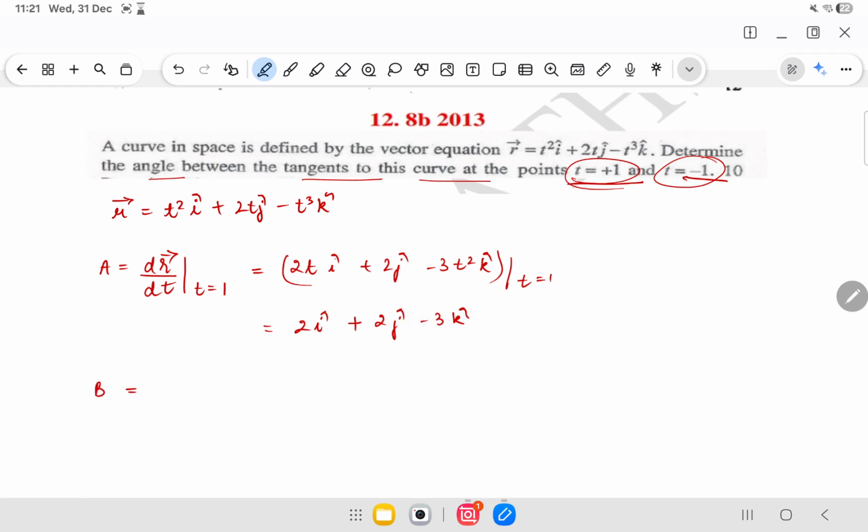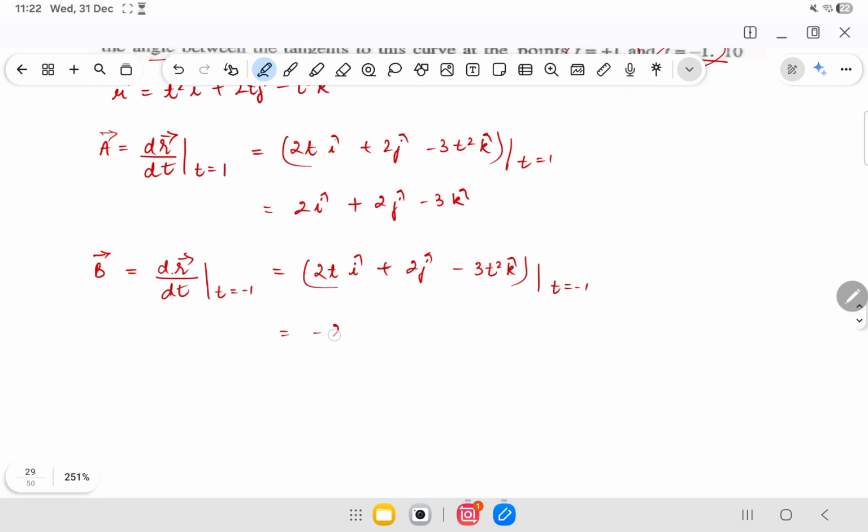Likewise, let B denote the tangent vector to this given curve at t equals minus 1. It will be 2t i cap plus 2 j cap minus 3t square k cap. So at t equals minus 1, it will be minus 2i cap plus 2j cap minus 3k cap.